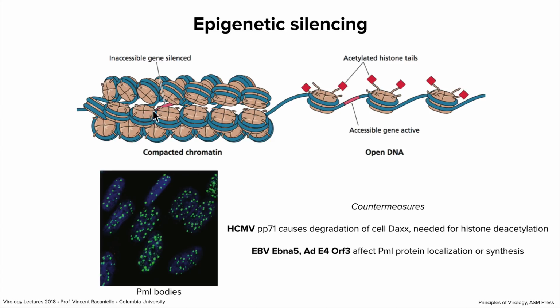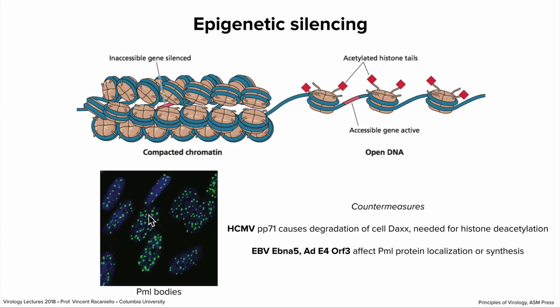And in cells, when viral DNAs get into the nucleus, they are typically wrapped around chromatin and compacted to silence them. And this often happens in what we call PML bodies. Here's an immunofluorescent staining of a virus-infected cell where it has been stained with an antibody to a component of PML bodies.